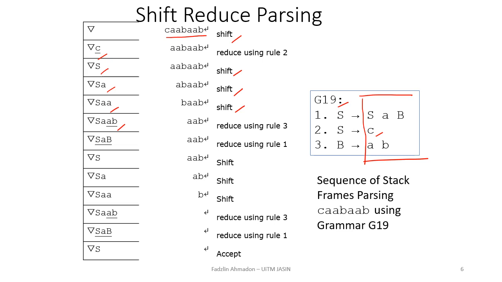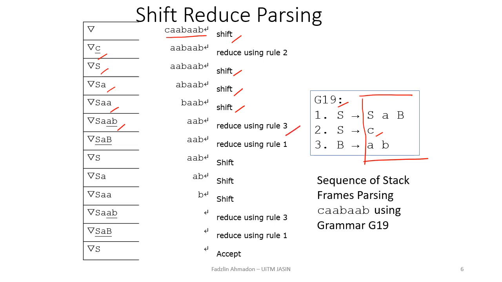So with this new stack, and we compare it with the right hand side of our grammar, we notice that AB is the symbol on the right hand side of rule 3. Therefore, AB is underlined and it becomes the handle. And now we do a reduce operation using rule 3.